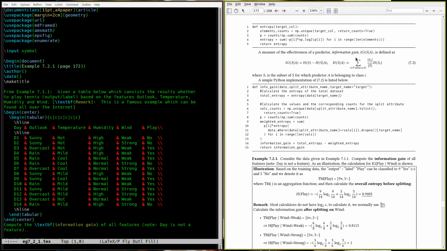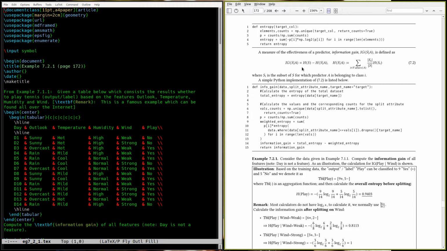Before splitting and after splitting, for each of them we can find the entropy. Before splitting, we should have higher entropy.